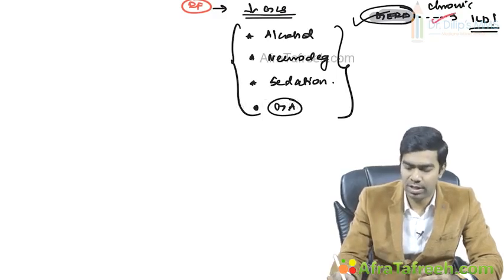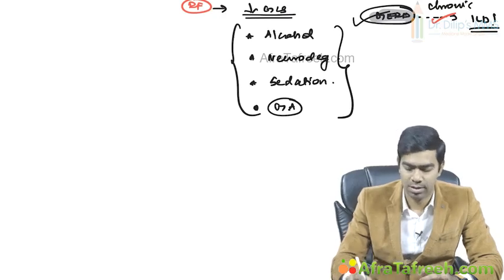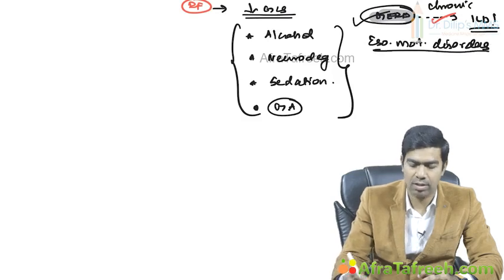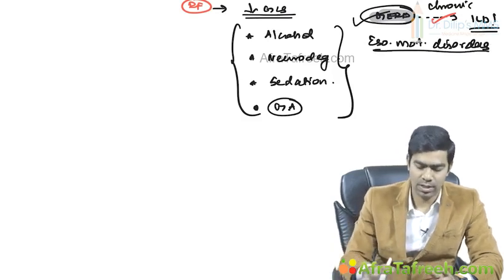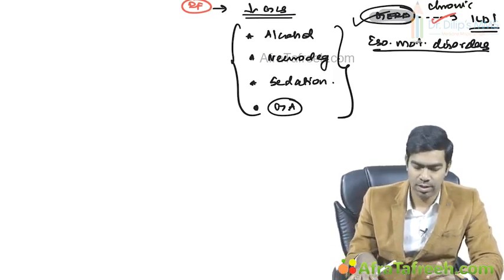The validity of this study is questioned, but still this is being proposed as one of the main reasons for interstitial lung disease. Or in patients who are having esophageal motility disorders, obviously yes, they are prone to aspiration as well. So these are the risk factors in general for developing aspiration pneumonitis.